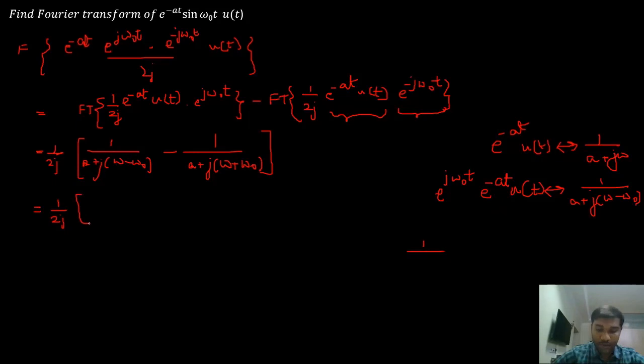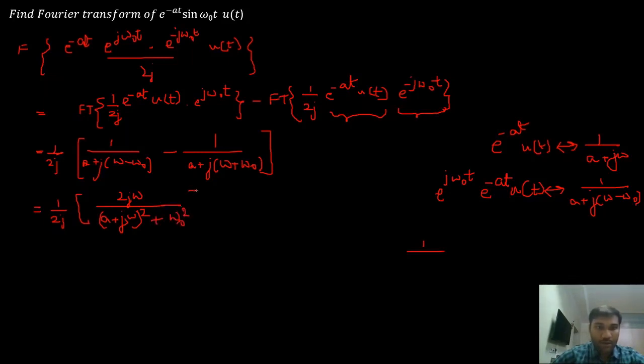If I simplify it, I'll get 1 by 2j into 2j omega naught divided by a plus j omega whole square plus omega naught square.